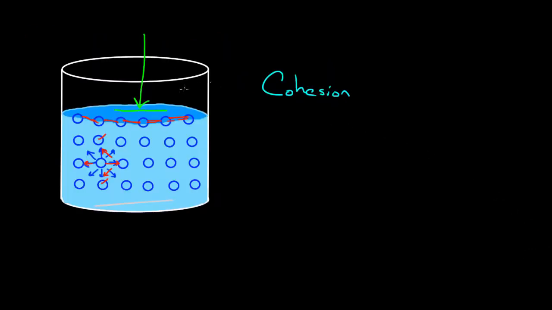So surface tension is due to cohesion between the water molecules at the surface of a liquid. But water molecules aren't just attracted to each other, they're actually attracted to the container too and other materials. And that's called adhesion. So this water molecule isn't just attracted to the other water molecules, it's attracted to the wall, and these water molecules climb the wall a little bit.